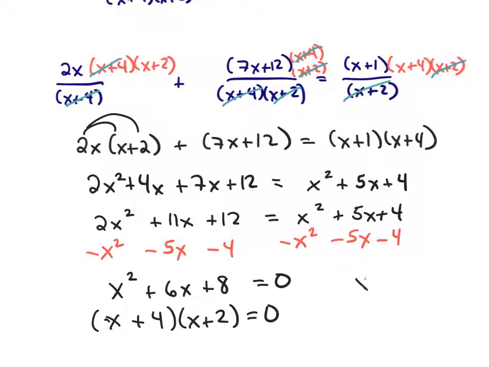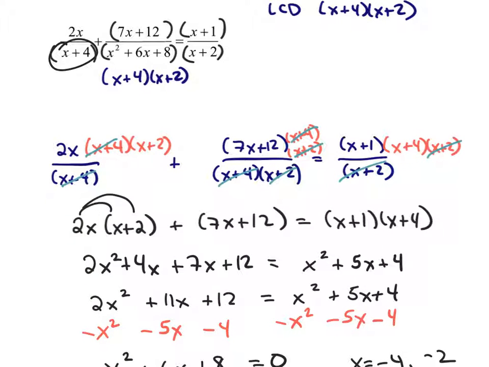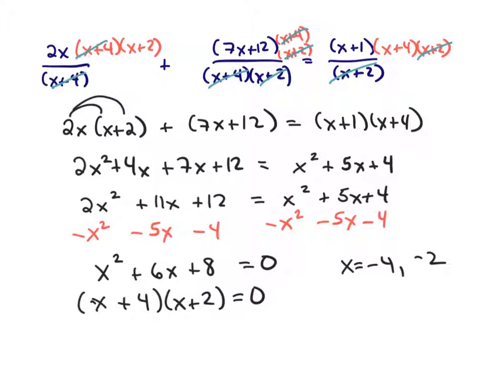But now the solutions are negative 4 and negative 2 based on those two factors. But if you remember the original, negative 4 would make this guy 0, and negative 2 would make this guy 0. So those both don't work. So these are both extraneous solutions. So after all that work, the solution is simply no solution.